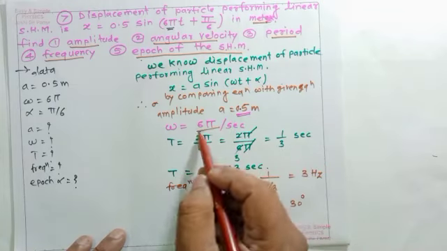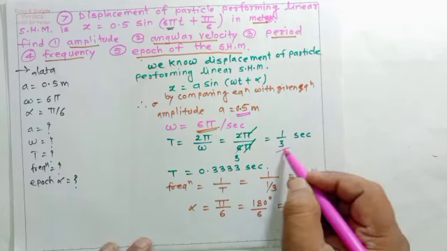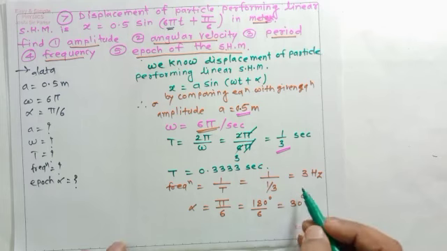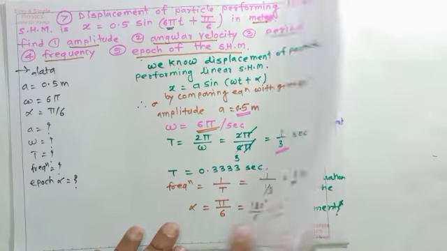Second answer will be 6 pi. Third answer will be 0.33 or 1 upon 3 second. Fourth answer will be 3 hertz, and fifth answer will be 30 degrees. These are the answers for the given example.